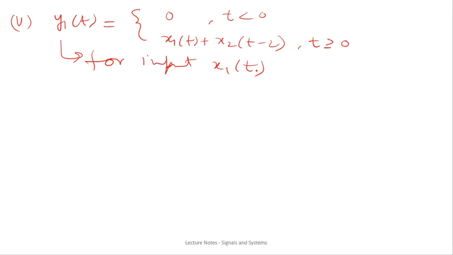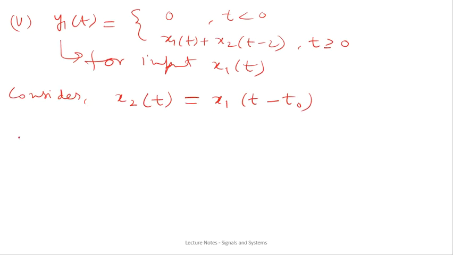Now for checking the time invariance property, if you remember, we used to consider a second input which is obtained by shifting x1(t). So now consider a second input x2(t) which is obtained by time shifting the first input, x1(t minus t0).